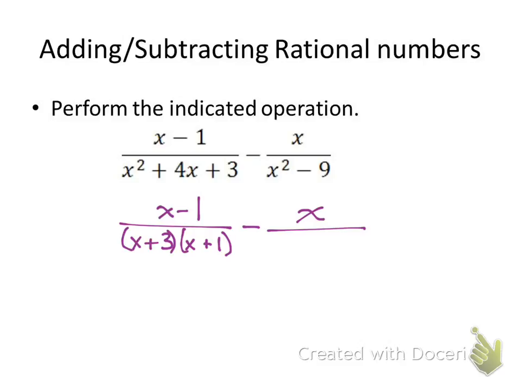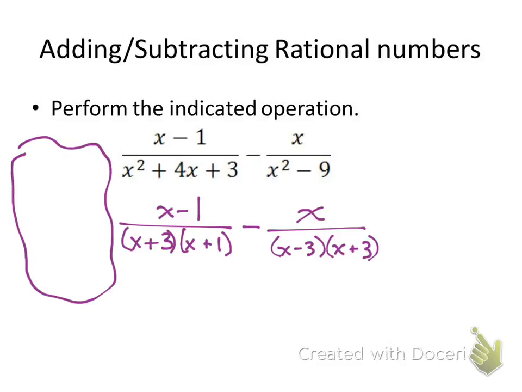That second denominator, it's a difference of squares, so it breaks up into x minus 3, x plus 3. So if I were to do a thought box, the first denominator has x plus 3, x plus 1. The second denominator has x minus 3, x plus 3. So what do they share?